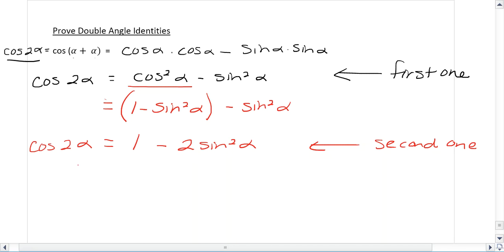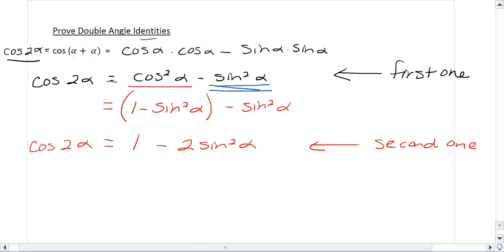So now that third one on the list with the cosine of 2 alpha, I would need to go back to this step up here, this first one, and make a different substitution. So to get the third one now, I would substitute in for this sine squared, going back to the first Pythagorean identity, and I need to subtract a cosine squared from both sides, and then I would get that this sine squared is equal to 1 minus cosine squared.